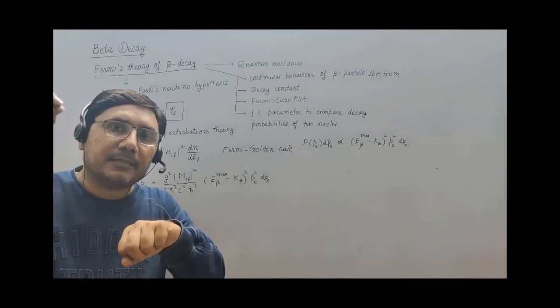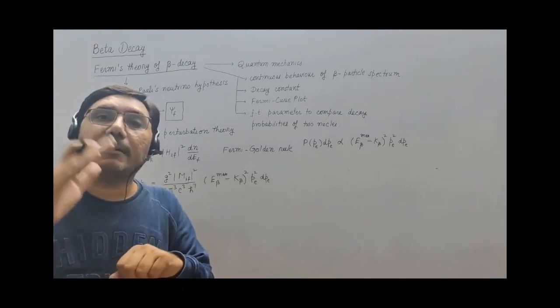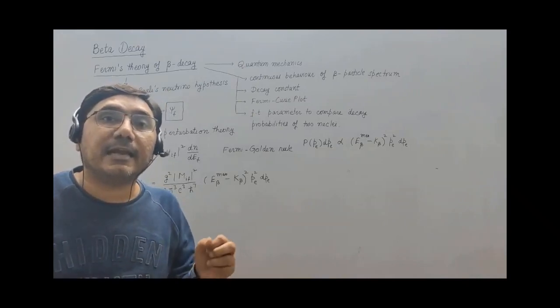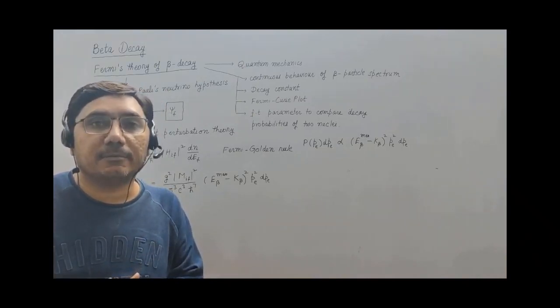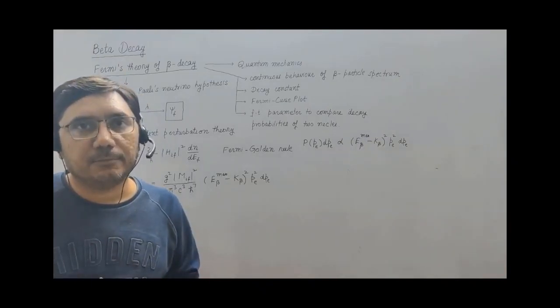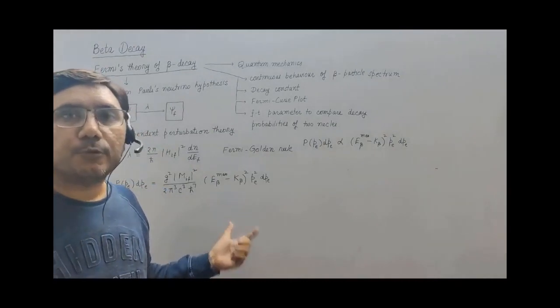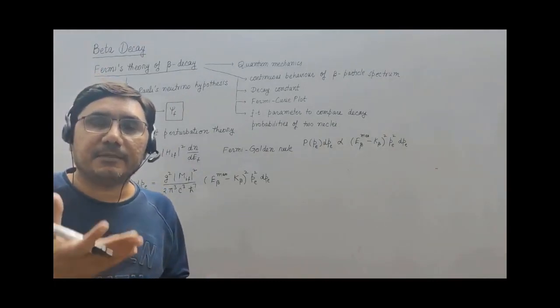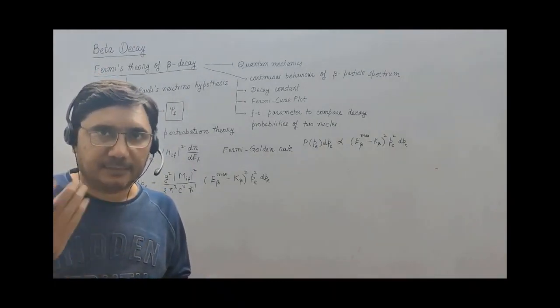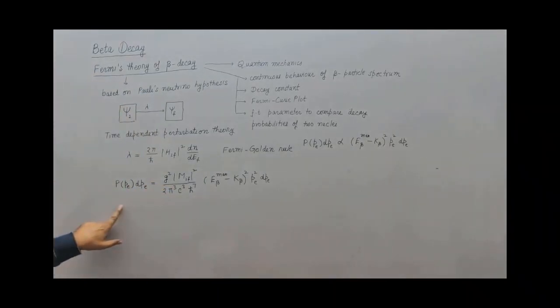If beta plus is emitted, there will be repulsive interaction, and if beta minus is emitted, there will be attractive interaction. In both cases a different type of interaction is playing, and that was missing. Up to this point he was treating beta plus and beta minus emission in a similar way, that's why he got the same energy spectrum.